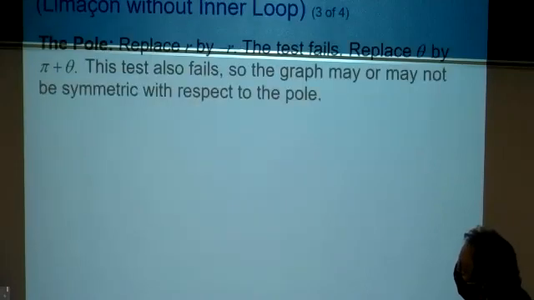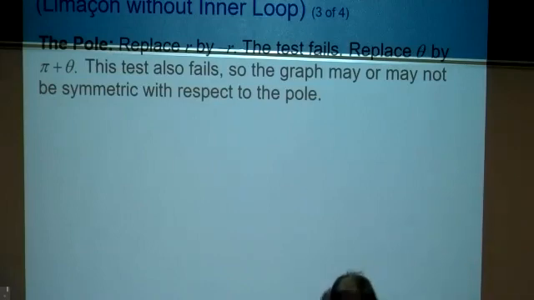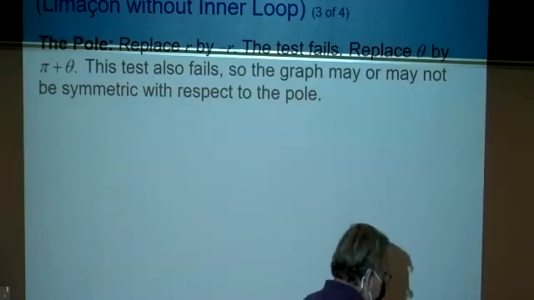All right. And then we check for symmetry with respect to the pole, and they do this real quick. Both tests fail when you replace r with -r and when you replace theta with pi plus theta.